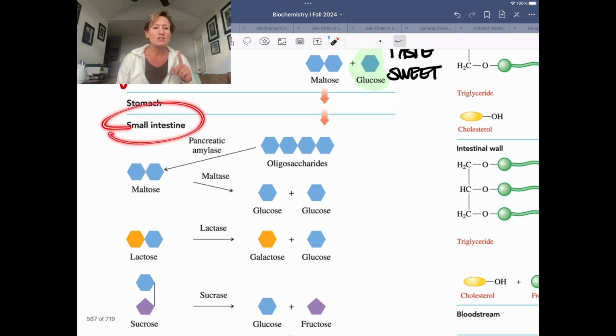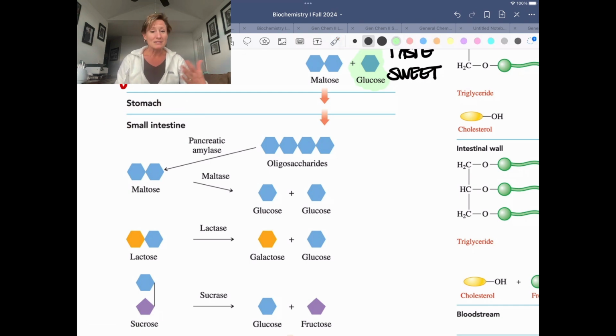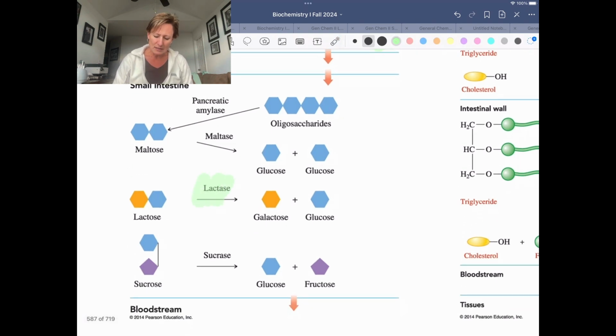Getting to the small intestine is where a lot of the money pieces happen. Some enzymes we've already talked about: lactase breaks lactose into its monomer forms, galactose and glucose. Sucrose, nature's important disaccharide, is broken up into glucose and fructose.